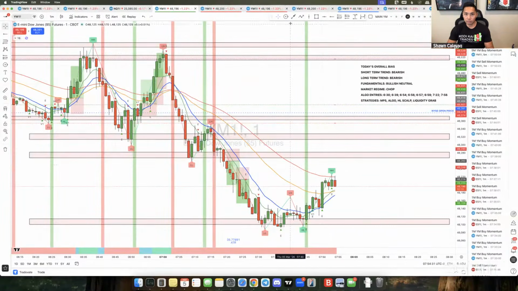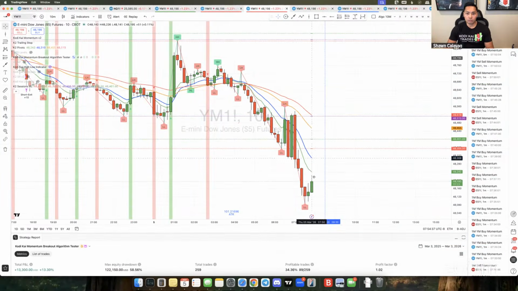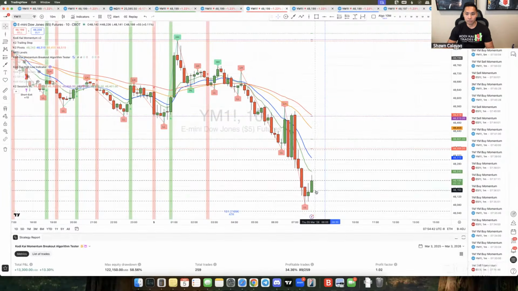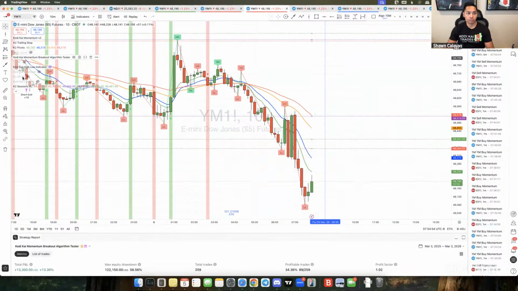If price can hold above this area within the next 5 minutes, then I do think we may get a possible buy signal here. If we do get that buy signal, my entry is probably going to happen around the 200. But we'll have to wait and see if this actually holds. So we'll see.